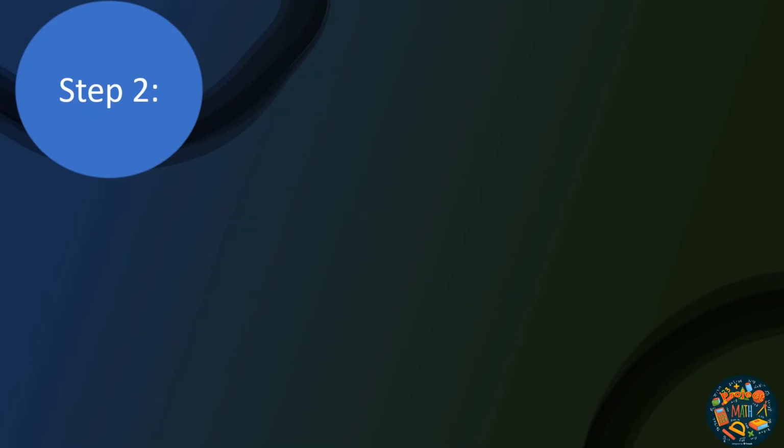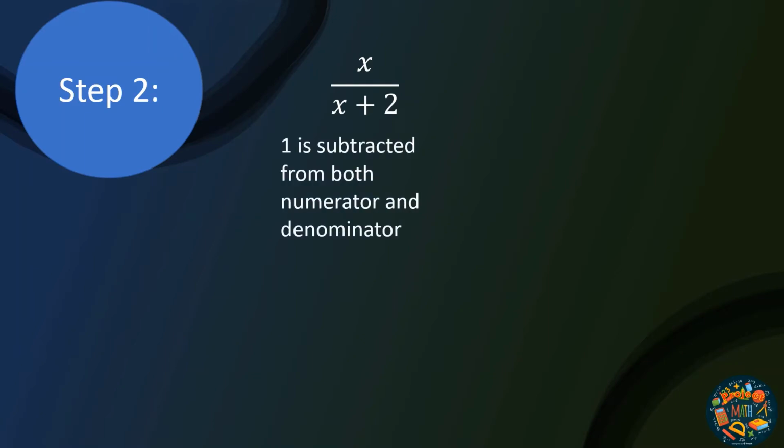For step number 2, we are going to write an equation. From the original fraction, we have x over x plus 2. 1 is subtracted from both numerator and denominator. So, minus 1 from the numerator and minus 1 from the denominator.